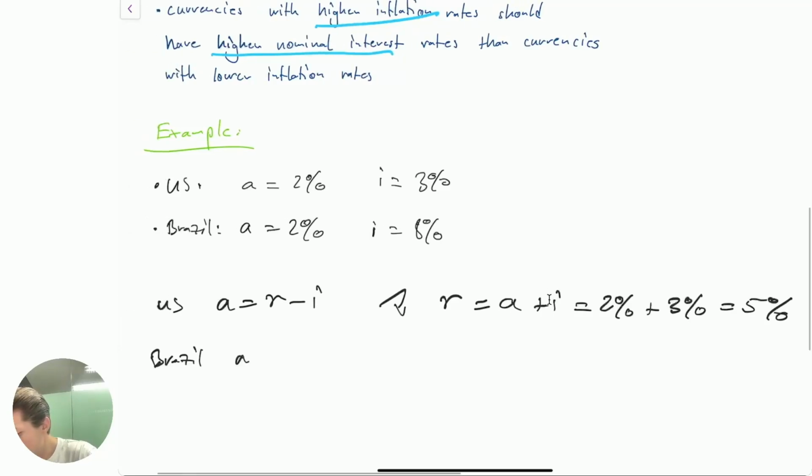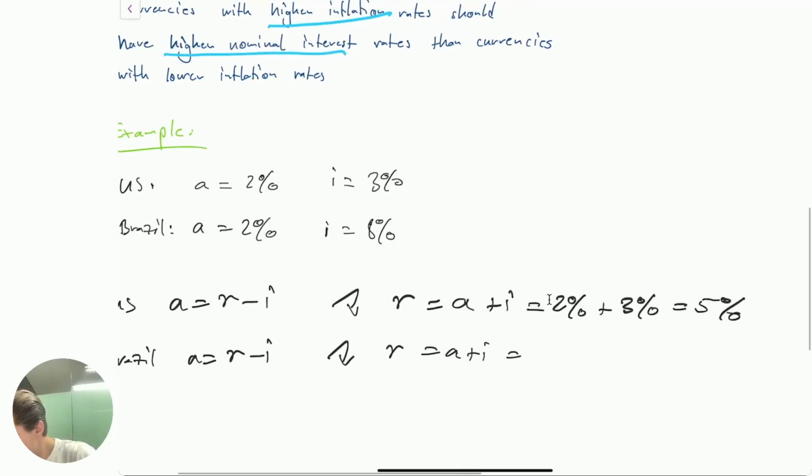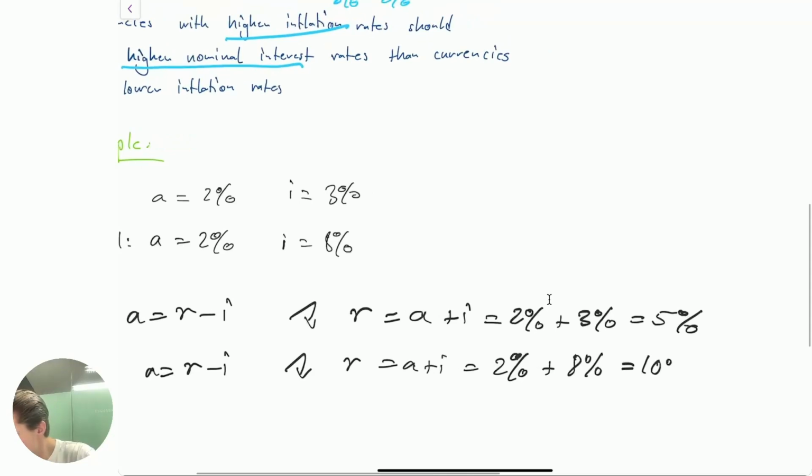And for Brazil, again, R equals A plus I, A remains at 2% plus I is 8%, equals 10%.